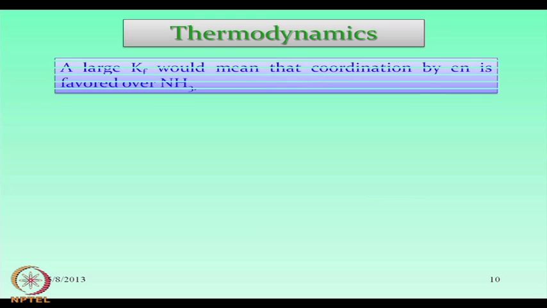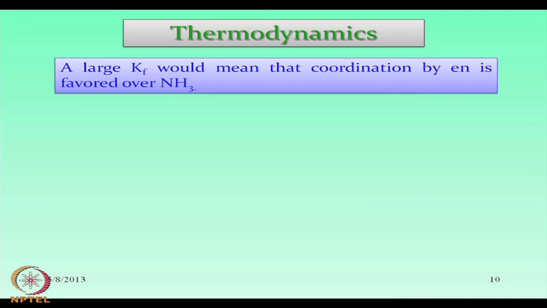So, what are the thermodynamic roles for the formation of these species, that we will see from some thermodynamic comparison for the formation of these different steps. So, a value which is related to the coordination equilibrium, that means the equilibrium is there due to the coordination, and a large K value would mean that coordination by ethylenediamine is favored over NH3.